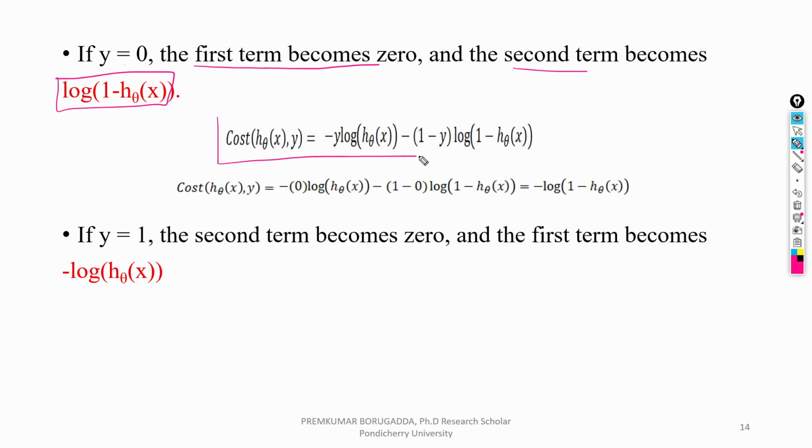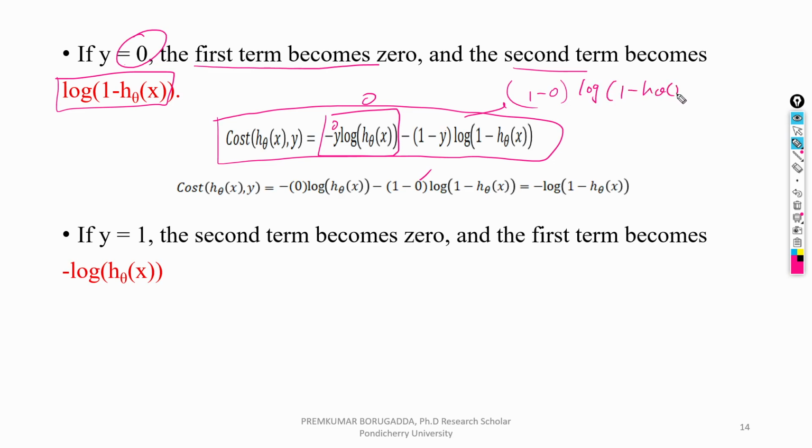Wherever y is there, you can simply substitute y equal to 0, which means minus of 0 log h theta of x minus (1 minus 0) log of (1 minus h theta of x). So the first value becomes 0, and the final answer will be log of 1 minus h theta of x.